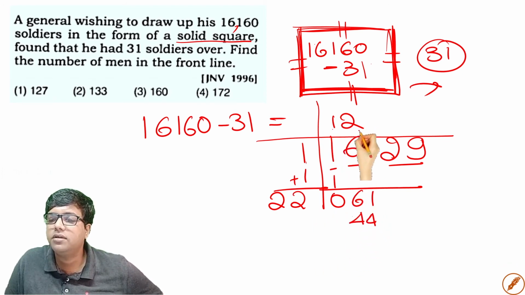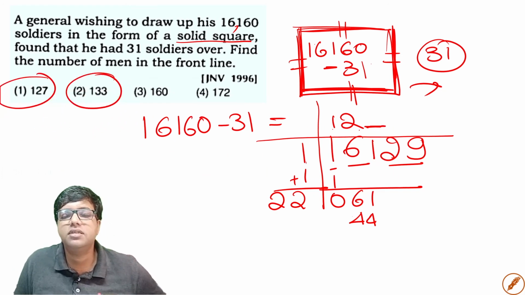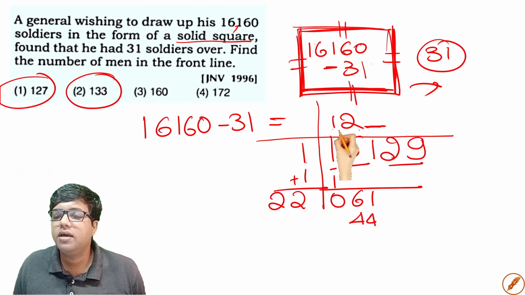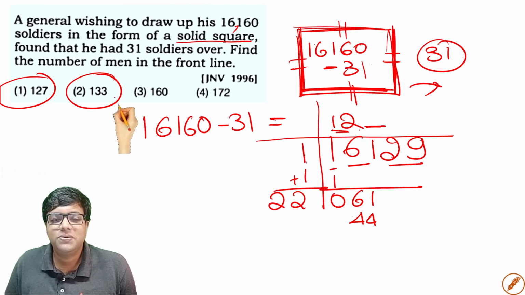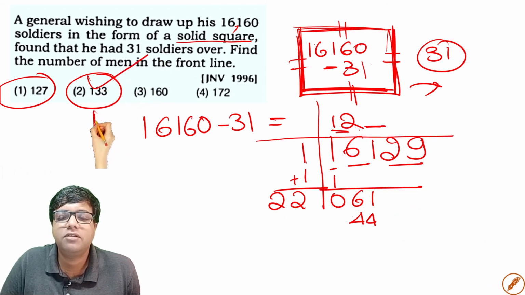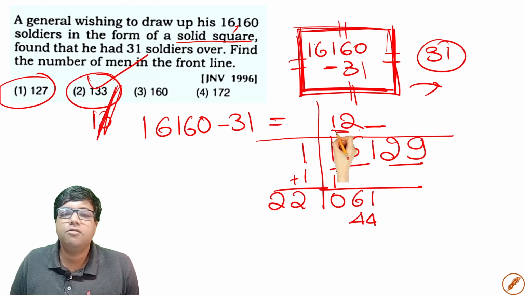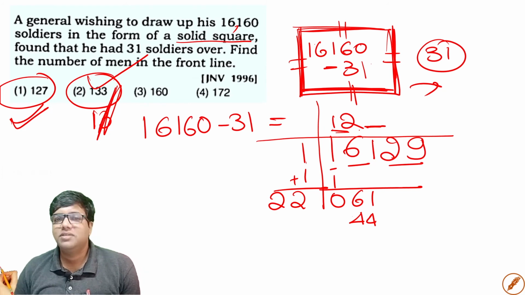Okay, you got 1, 2, and something will come next, right? So we finalized these two options, but we didn't know which one will come. Now we have the first two digits, so you don't have to go further. You can eliminate the second one, because after 1, 3 is coming, 133. We have something like 120 something. So option 1 is the right answer with this method also.